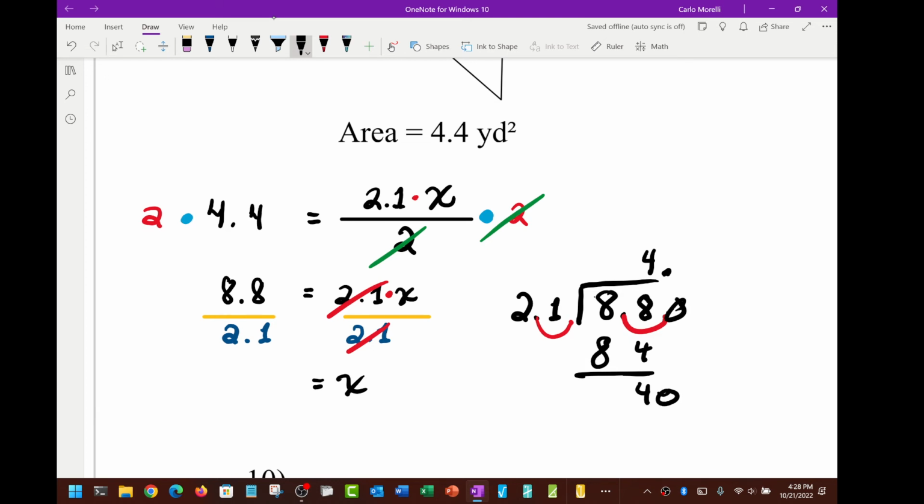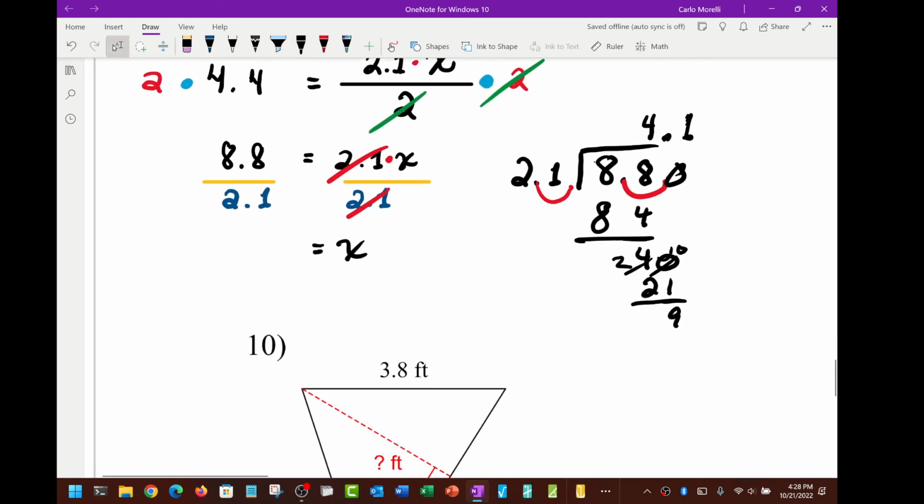Right? And so 21 only goes into 40 once. Because 20 times 2 is 40, so 21 times 2 would be 42. So it's too big. So we're just going to have to put 1, which means we're going to end up with 19 as our remainder.